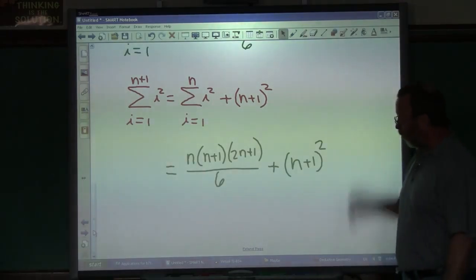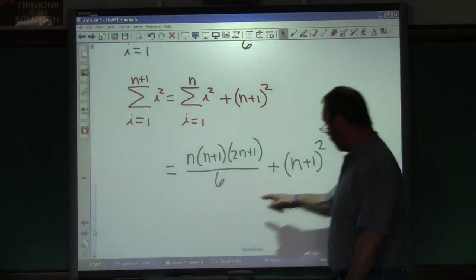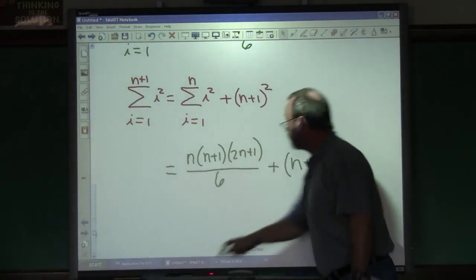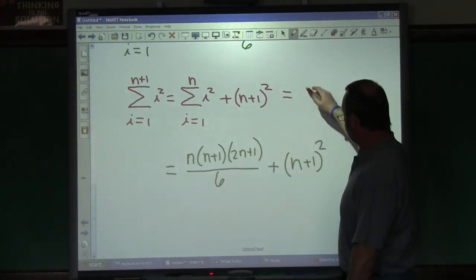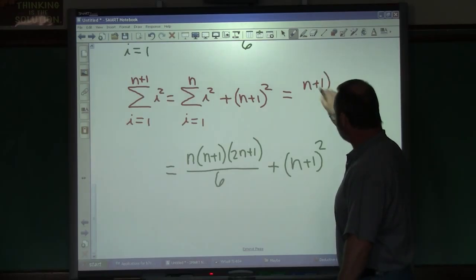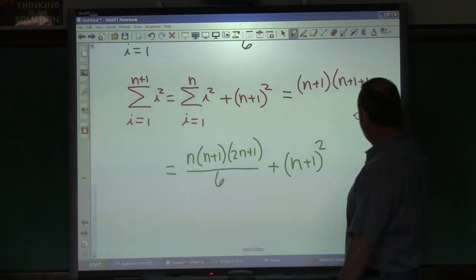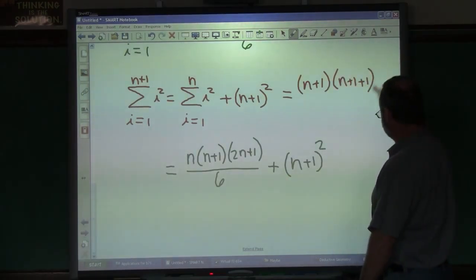And now what I need to do is show that this part is equal to n plus 1 times n plus 1 plus 1 times 2n.